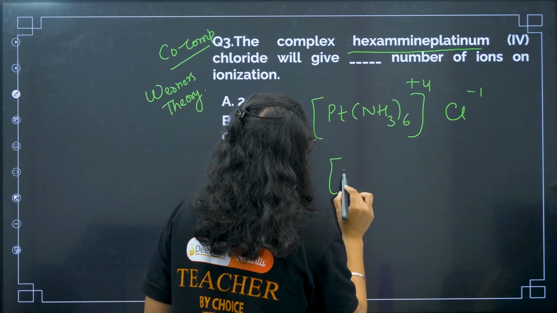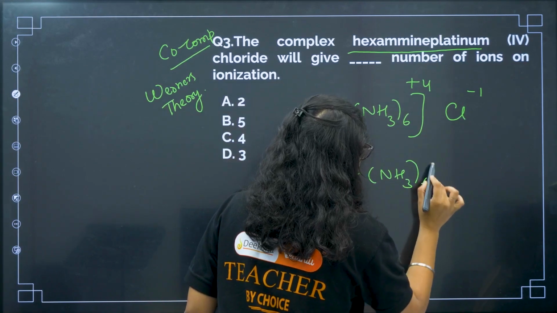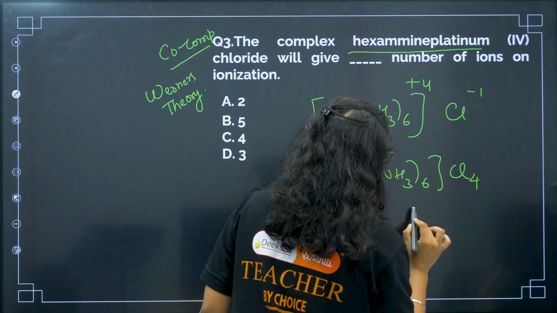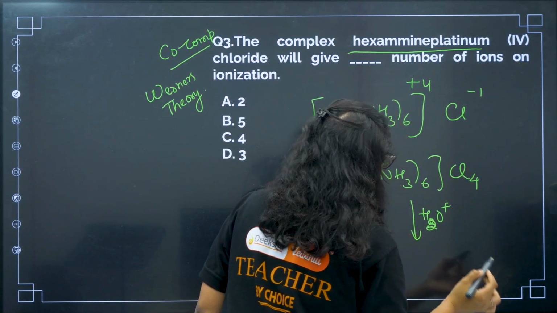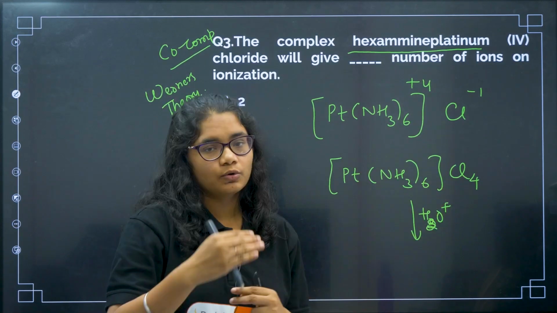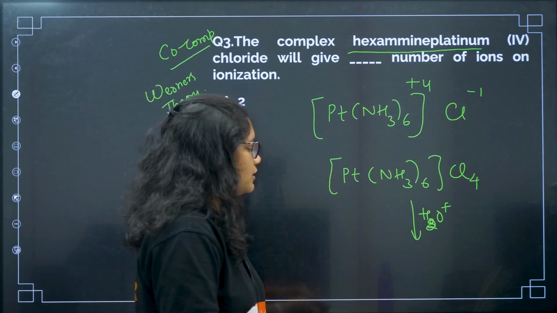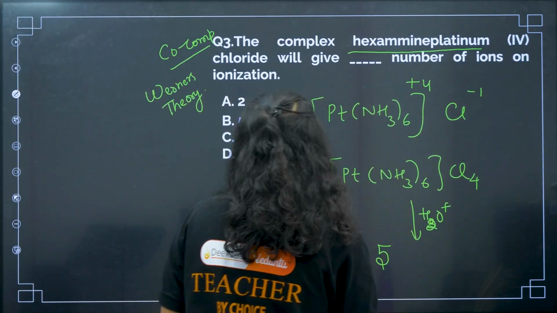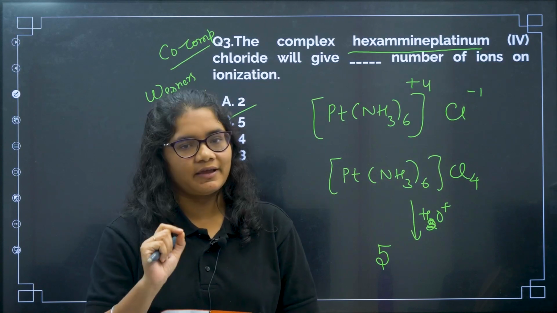If you do cross multiplication, we get the formula of the compound. Now if you dissolve it in water, the complex will remain as 1 ion, and the 4 chlorides will form 4 different ions. So the total number of ions produced will be 5. The correct answer for this question is option B, that is 5.